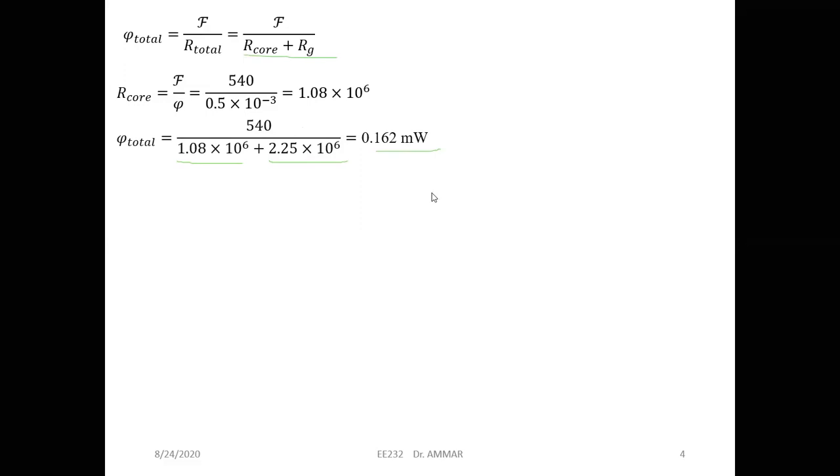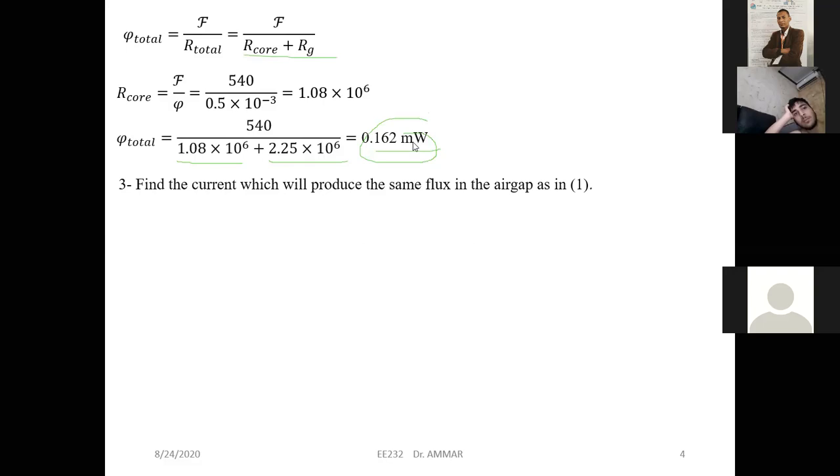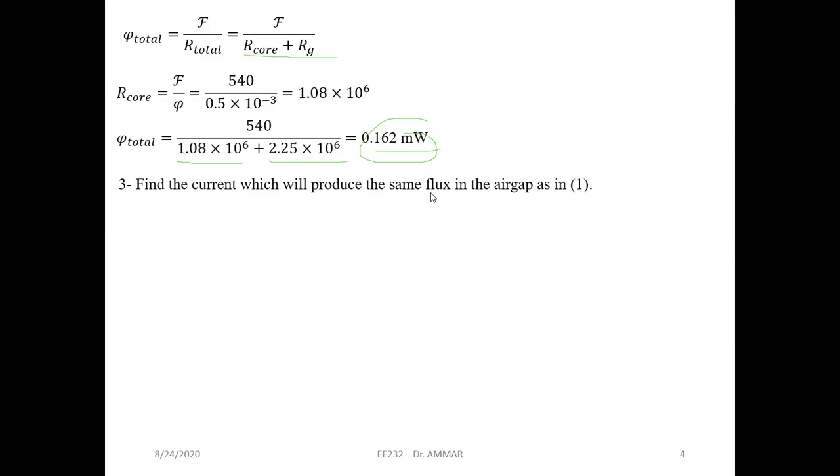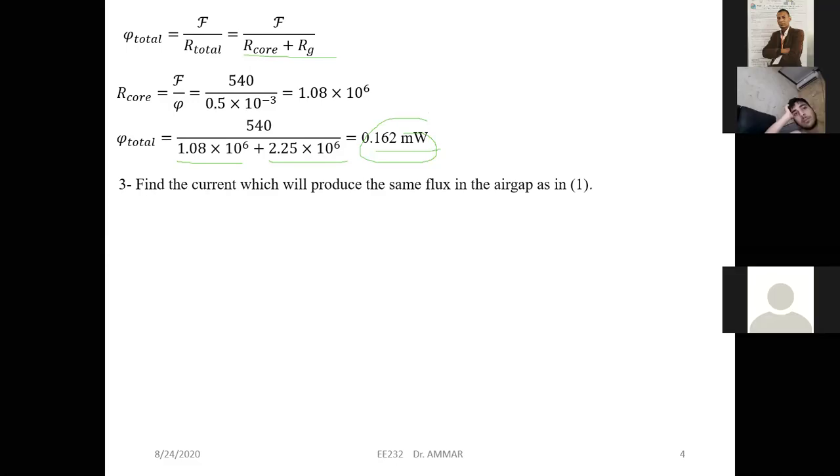So in the third question, we're going to find the new current required to bring the flux back to 0.5. This value is after adding the air gap. Now we need the new current to achieve 0.5 again.